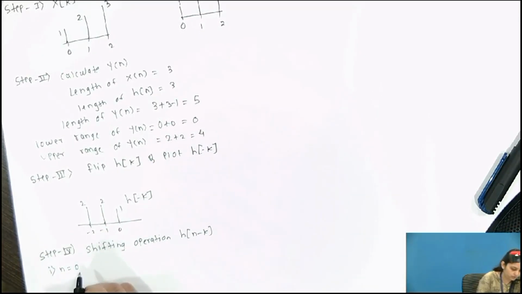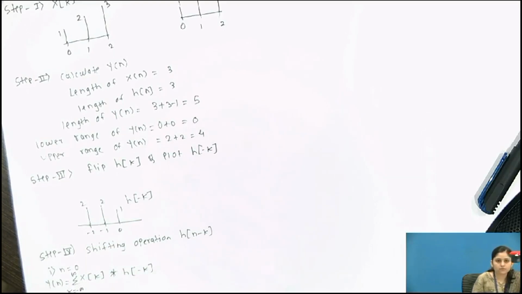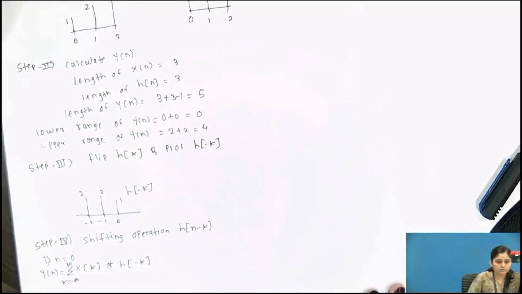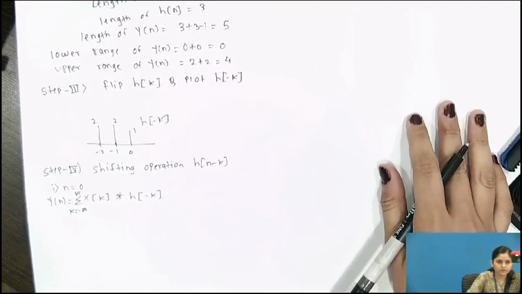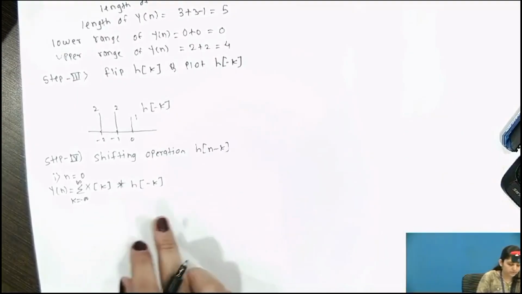When n equals 0, x of k stays as it is, and h of n minus k means h of 0 minus k, which becomes h of minus k. The output convolution sum is y of n equal to the sum over k from minus infinity to plus infinity of x of k times h of minus k. So we just have to perform the convolution sum formula.